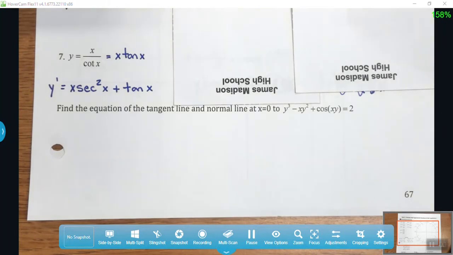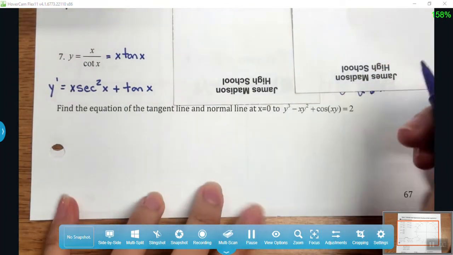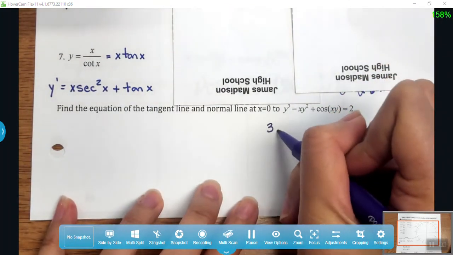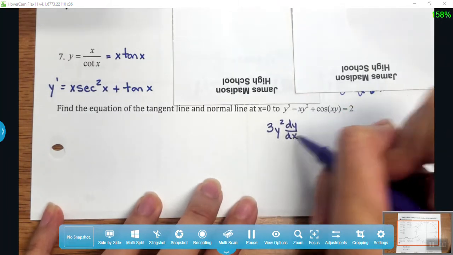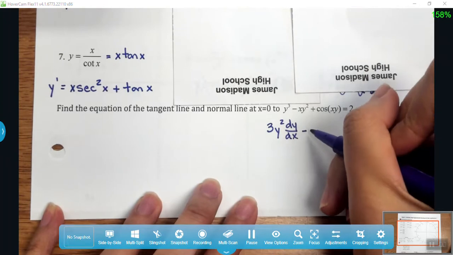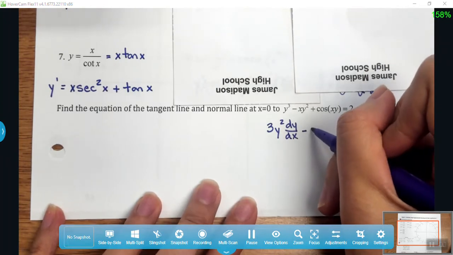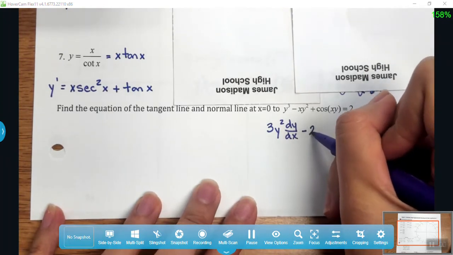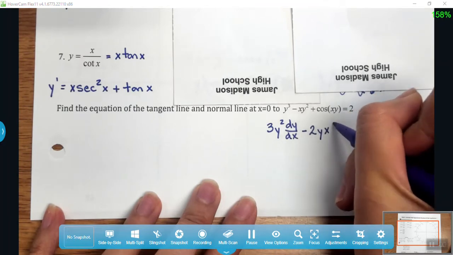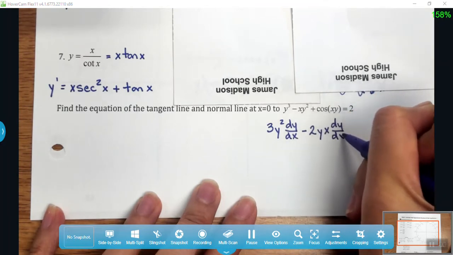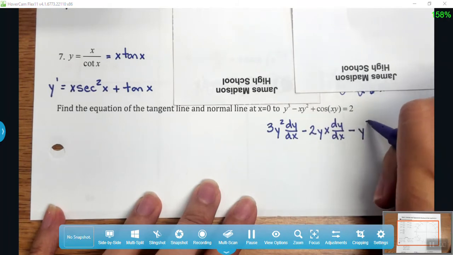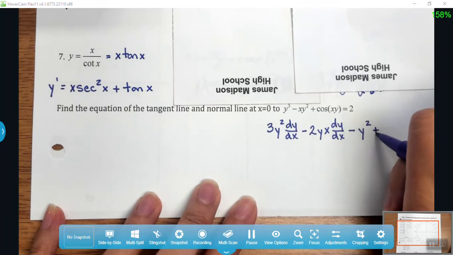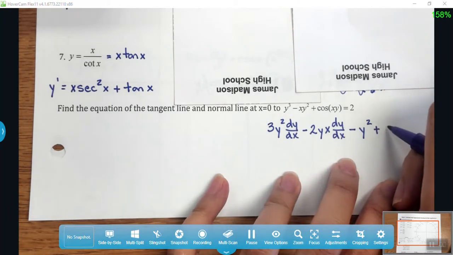Okay, I need the derivative. How do I get the derivative? Oh, okay. So 3y squared dy dx minus, good. That's good, Andy. 2y times x dy dx minus y squared, right, plus derivative of cosine is negative sine.